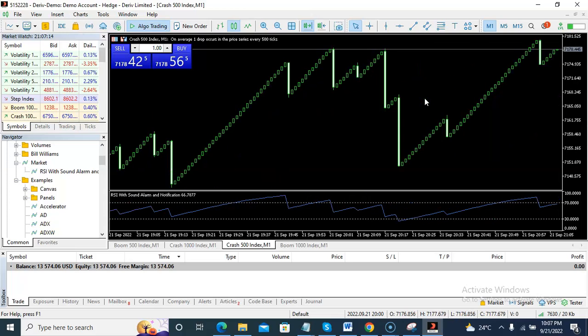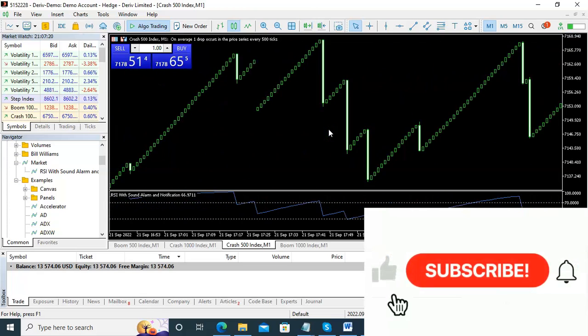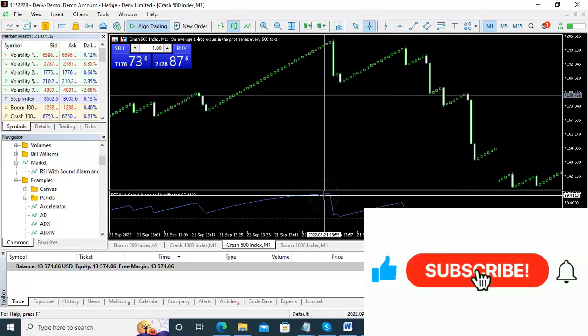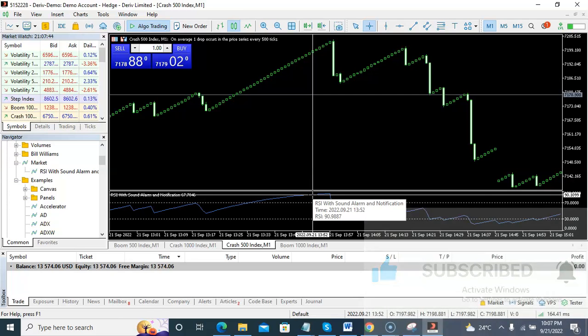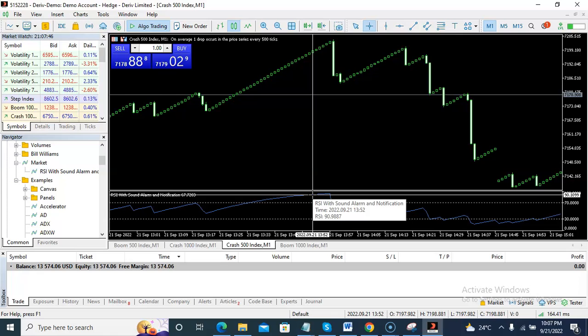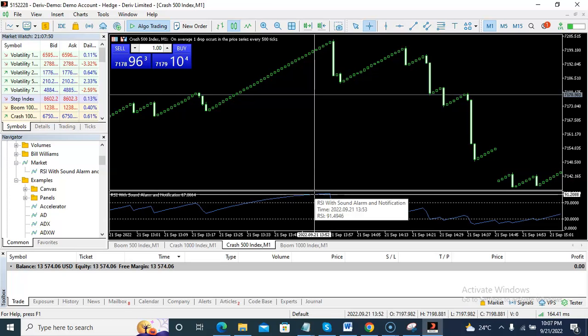So if I just take you back, let me show you some things here. If I scroll back, just monitor the chart. All right, you can see what I'm talking about here. On this price, you can see the RSI is at 91, it's at 90 here.